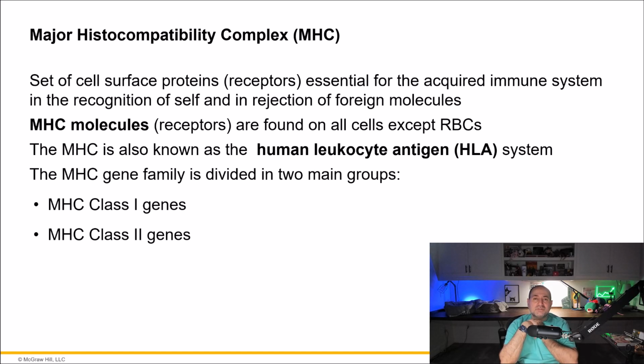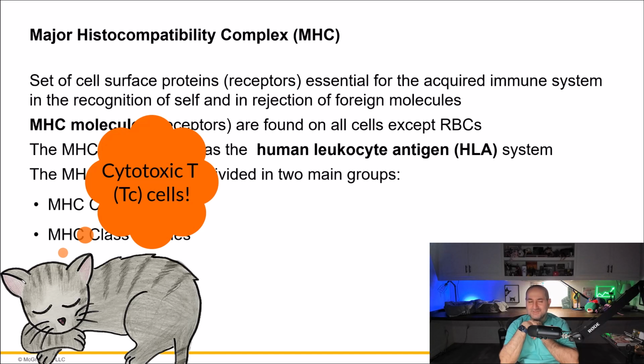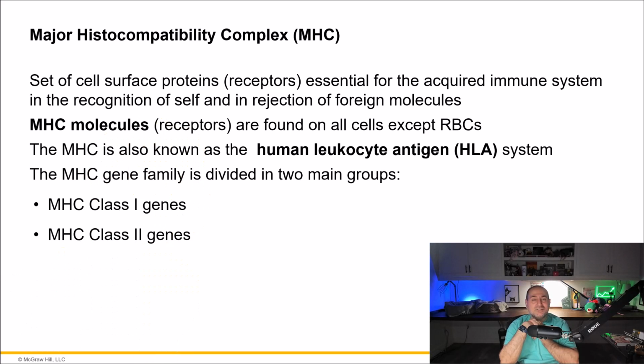Foreign antigen presented on MHC1 activates which lymphocyte? Can you beat Wicket? That's right, Wicket as always. It's the cytotoxic T cells or CD8 positive T cells. Those are the ones tasked with identifying foreign antigen presented on MHC1.